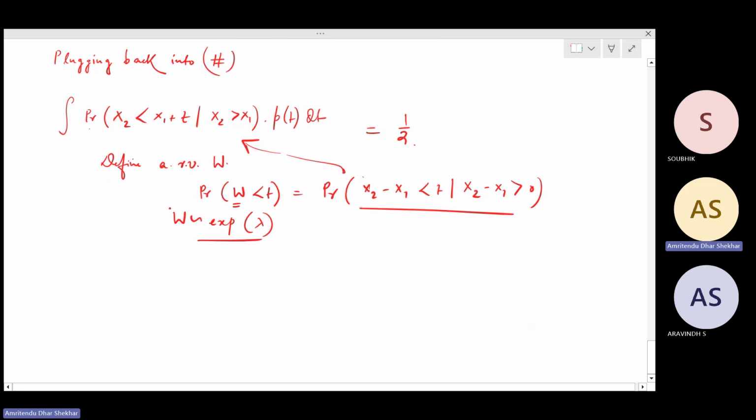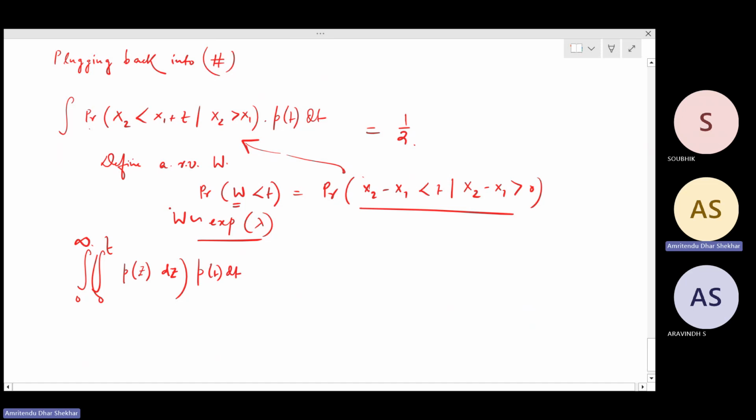So if it is exponentially distributed, you can write this as a double integral of pz, 0 to t dz, times pt dt, 0 to infinity.